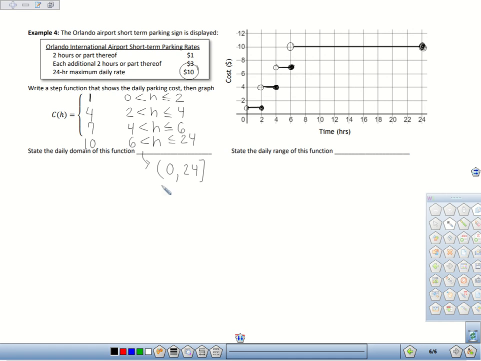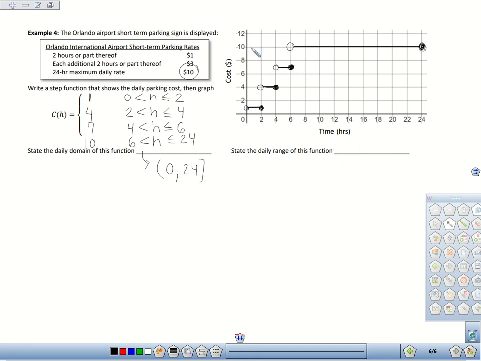Now, does everyone understand why the 0 is a parenthesis? Because 0 is not included, because you're not going to pay to park 0 hours. But why is the 24 included? Because you can park for the 24 full hours, right? So that is included.